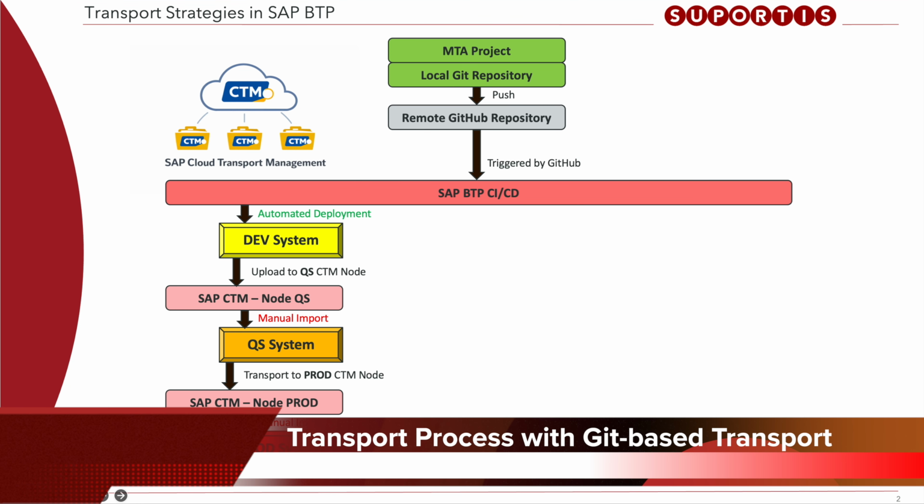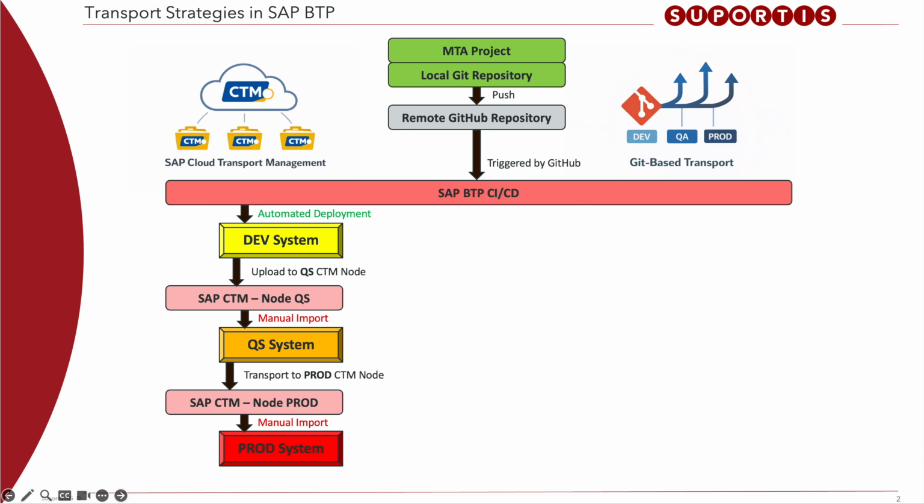And now the Git-based transport. On the right side, we use Git-based transport. The process starts the same way. We have an MTA project and a local Git repository. We push our changes to the remote repository on GitHub. This triggers BTP CI/CD. The key difference is the branch determines the target system.